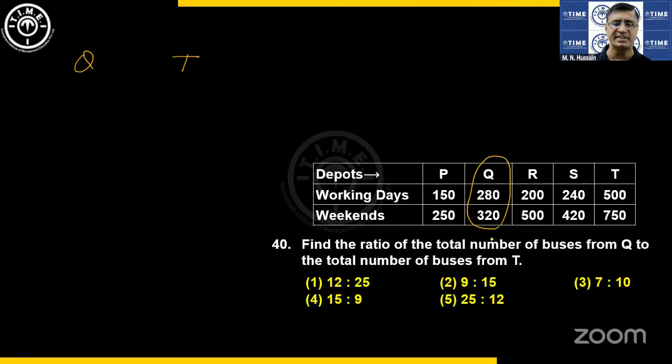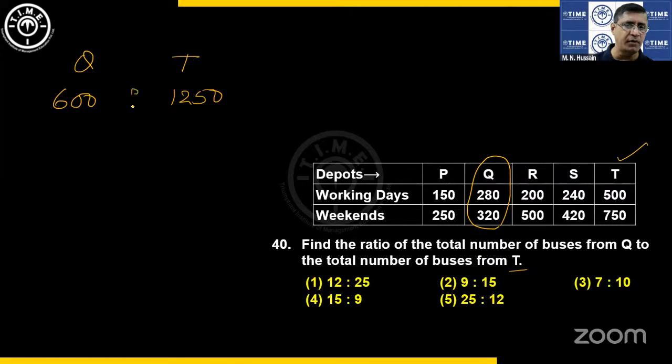Total number of buses, 320, 280. 280 plus 20, 300. 300 plus 300, that is 600. And we need to compare the Q with respect to T. So what about the value of T? 500 plus 700, that is 1200 plus 50.